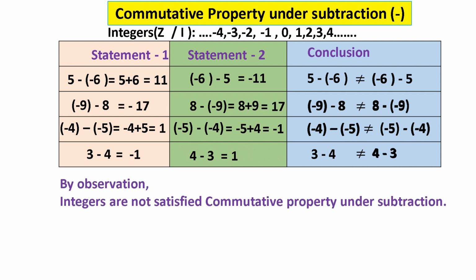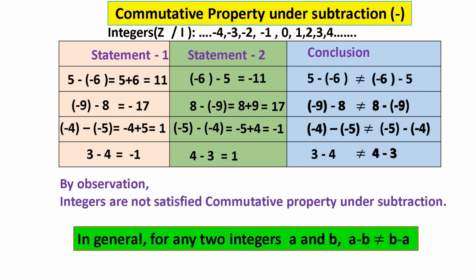From this table, by observation, integers do not satisfy the commutative property under subtraction. In general, for any two integers a and b, a minus b is not equal to b minus a. This is known as the commutative property under subtraction.